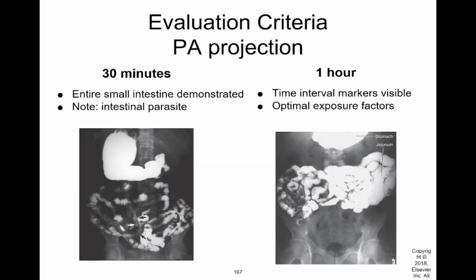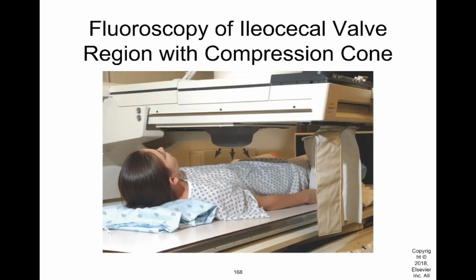So just more of the same, 30 minutes to 1 hour. I assume, because these came out of the same textbook, that these are the same patient. Whenever we do a spot for the ileocecal valve, we're going to use fluoroscopy in a lot of cases. And so you can use this compression device to mash down onto the patient.